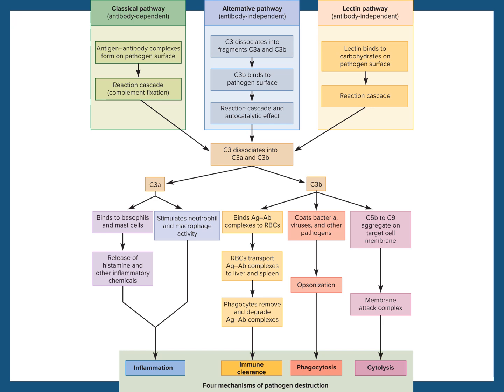The splitting of C3 into C3a and C3b is an intersection where all three pathways converge. These two C3 fragments then produce, directly or indirectly, the end results of the complement system, which are inflammation, immune clearance, phagocytosis, and cytolysis.